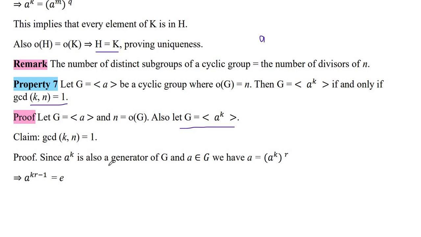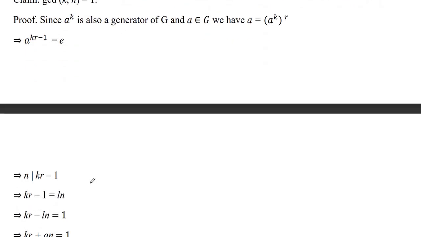Now since A power K is also a generator of G and A belongs to G, we can write A as some integral power of this generator. So this gives A raised to KR minus 1 to be E. Then we have A power N to be E, because the order of G is assumed to be N and N is the least positive integer.